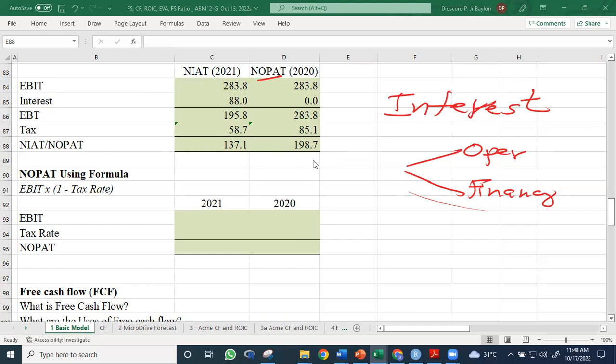Kailan sila magiging equal, class? Hello? When will NOPAT and NIAT be the same?